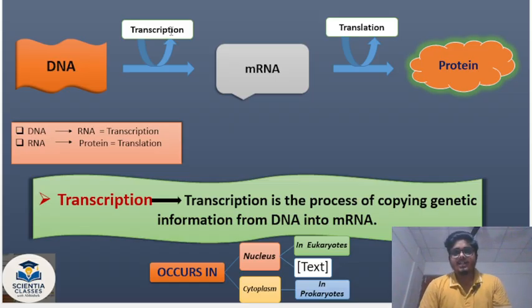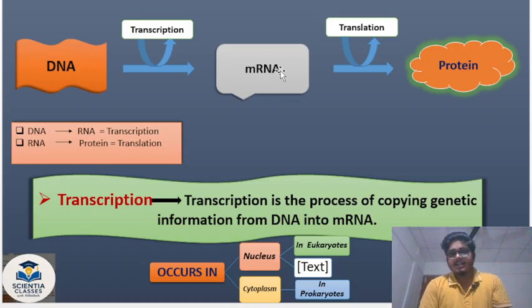The enzyme is called RNA polymerase, which helps to copy that genetic code information.